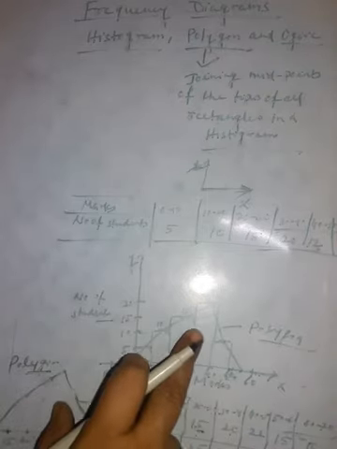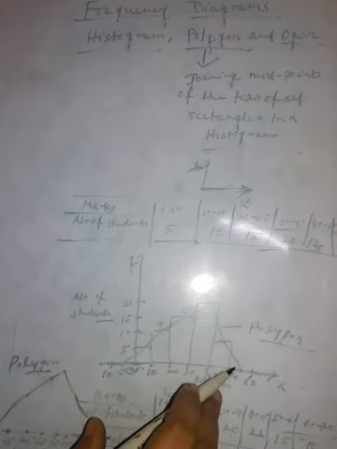We will make a histogram, then we will add the mid value of the histogram, and this polygon, you must remember, the important thing related to polygon is the line will start from the mid value of the previous class, and end where the next extra class or next class of the series.